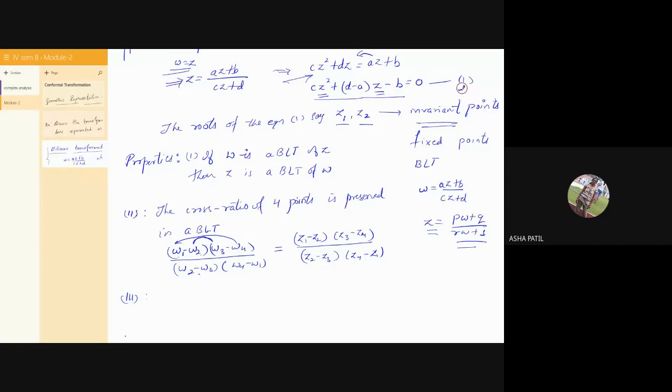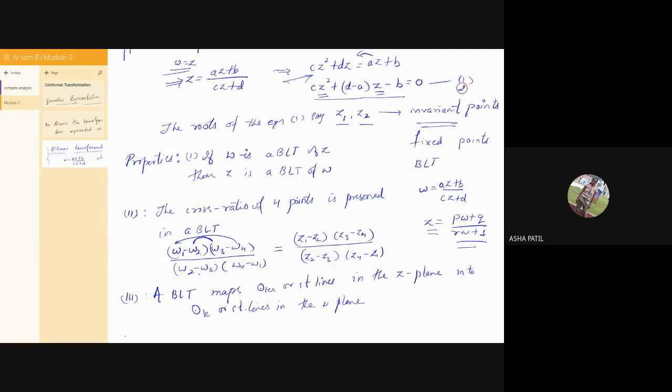One more property: a bilinear transformation always maps circles or straight lines in the Z plane into again circles or straight lines in the W plane.